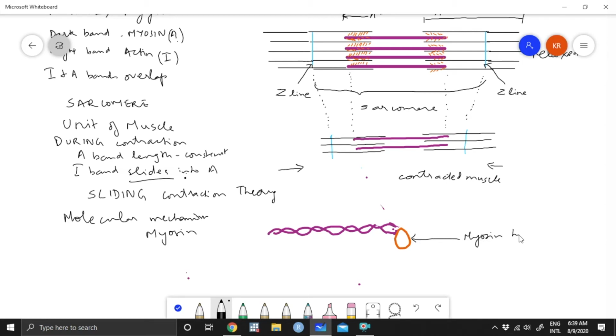This is myosin head, and this is the myosin tail. So there are two protein chains, and at one end it will have a myosin head at 90 degrees to this long axis, and here this has got a site where ATP can fix inside, ATP site.